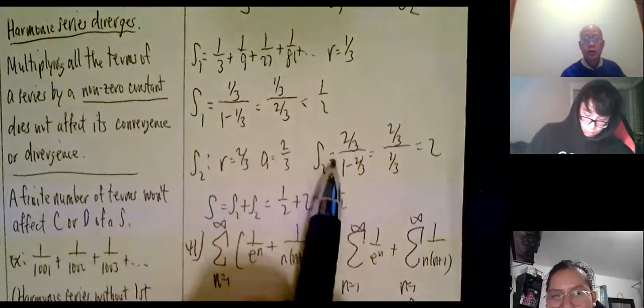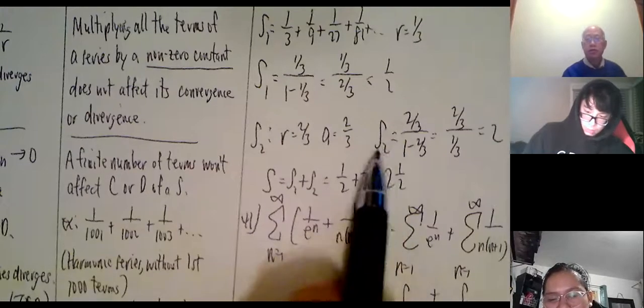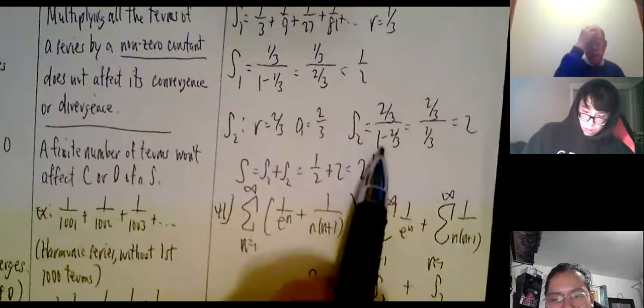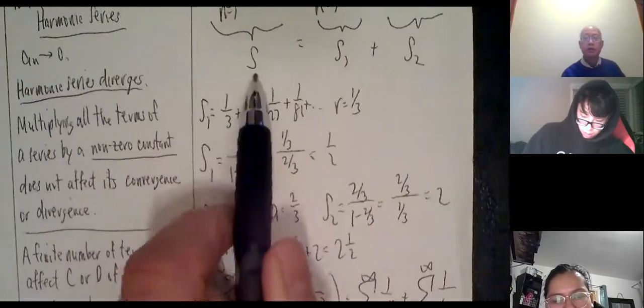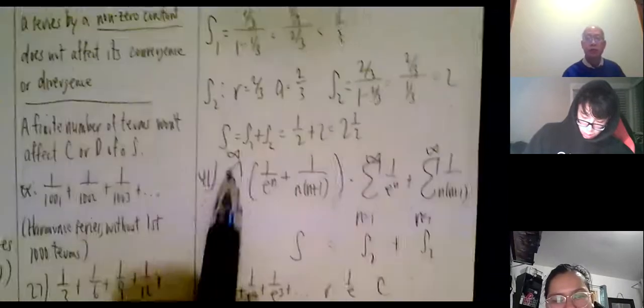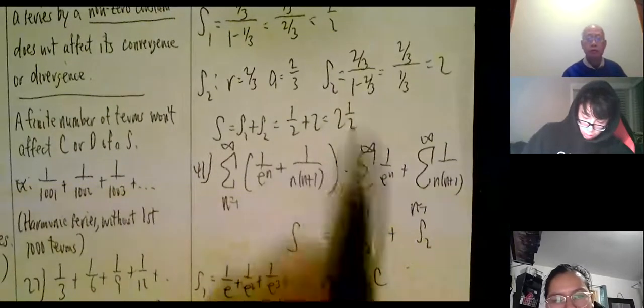So S2 is, by formula, A over 1 minus R. 2/3 divided by 1 minus 2/3. 2/3 divided by 1/3, 2. All right, so the original series S is now S1 plus S2, 1/2 plus 2, 2.5.